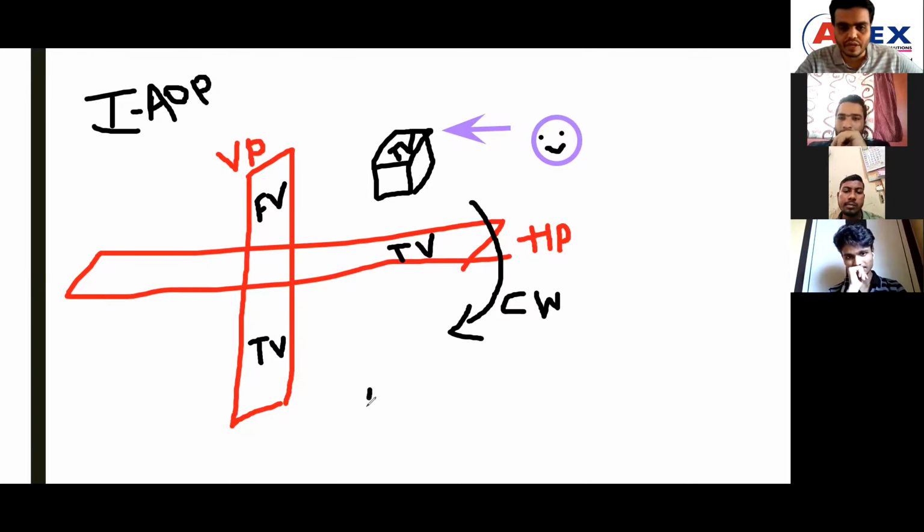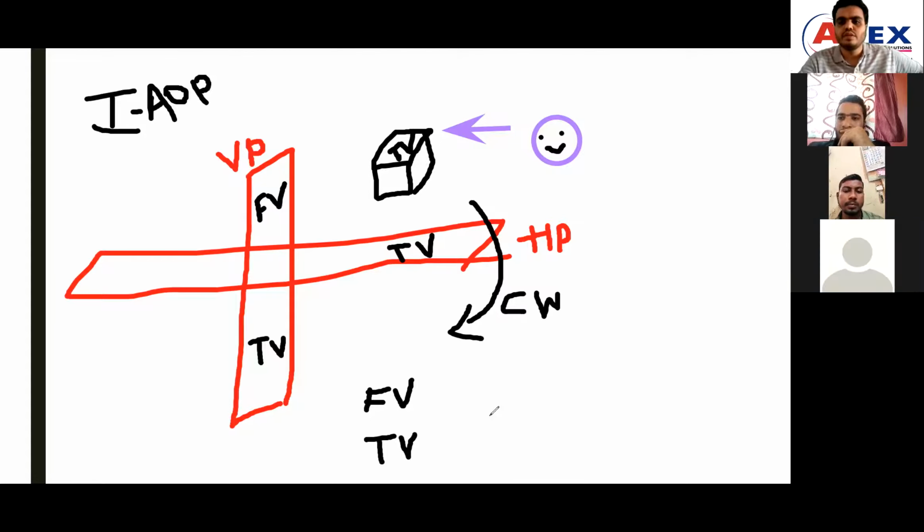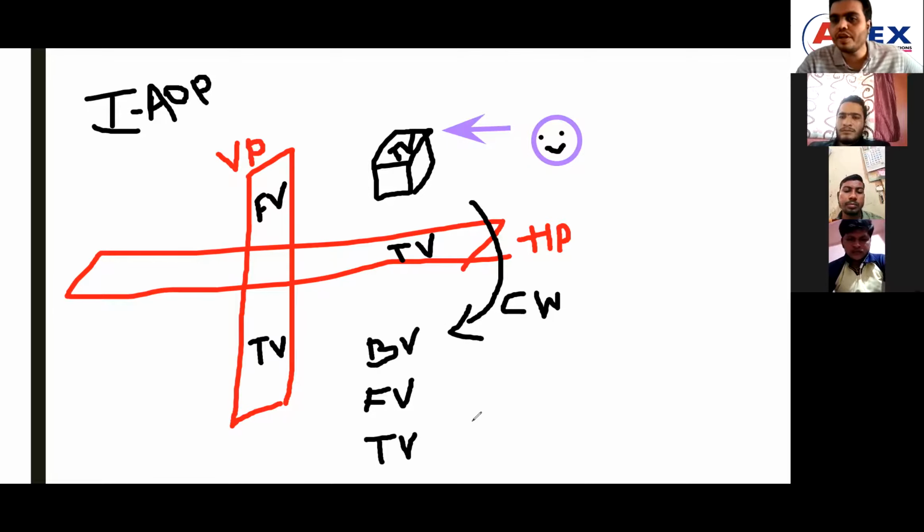So now we can write, this is the front view. Where will be the top view? In the bottom side. So try to understand this. Once the top view comes into the bottom side, the bottom view will go to the top side. Got it?